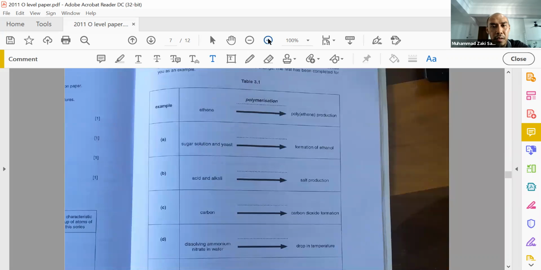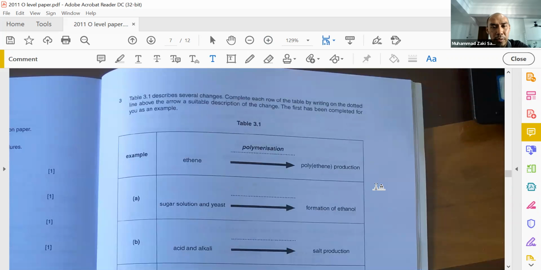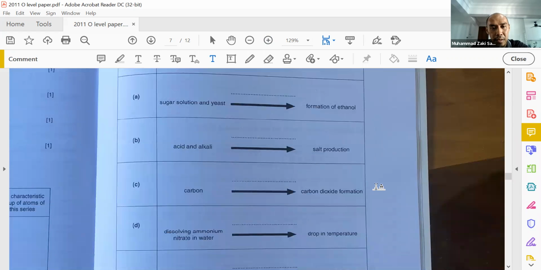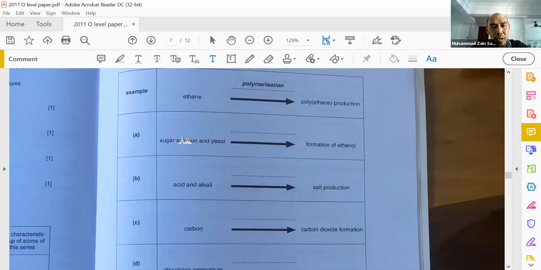For this question, they want you to recall the names of the different reactions written here. For A, sugar solution and yeast to form ethanol is called fermentation. Acid and alkali forming a salt product should be neutralization.